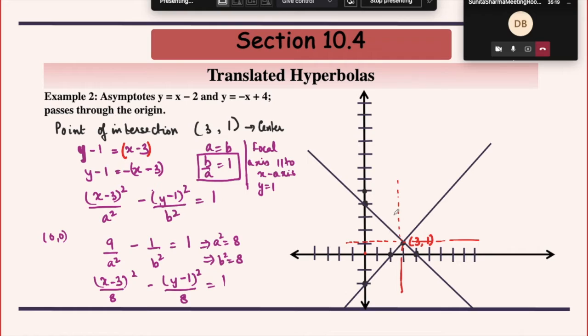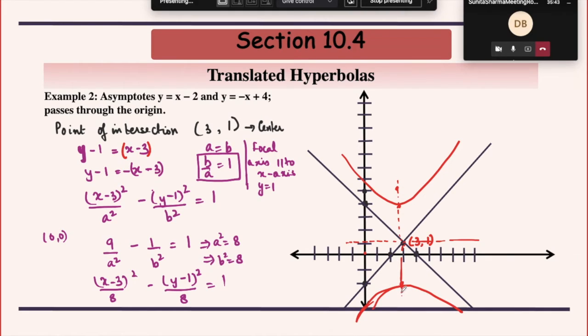If it is vertical, then this is your center, your vertex would be somewhere here and then would be your focus, and then your branch will be like this or like this. So this is how your hyperbola will be placed if your axis is vertical.